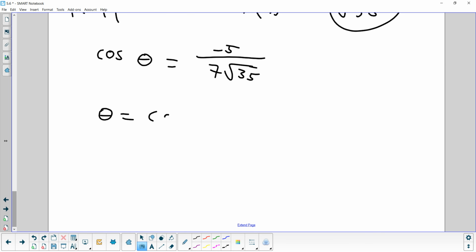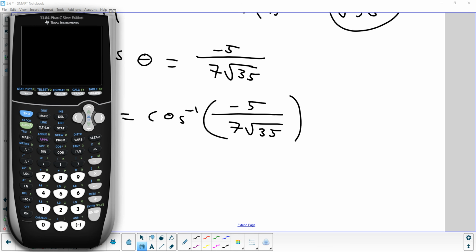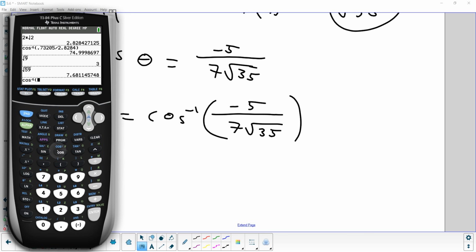So theta is the inverse cosine of negative 5 over 7 square roots of 35. All right, let's see what we get. Negative 5 divided by 7 square roots of 35. Close your parenthesis. Do I need to fix my parentheses? I probably do. So just to be sure, I'm going to put the denominator in its own set of parentheses.